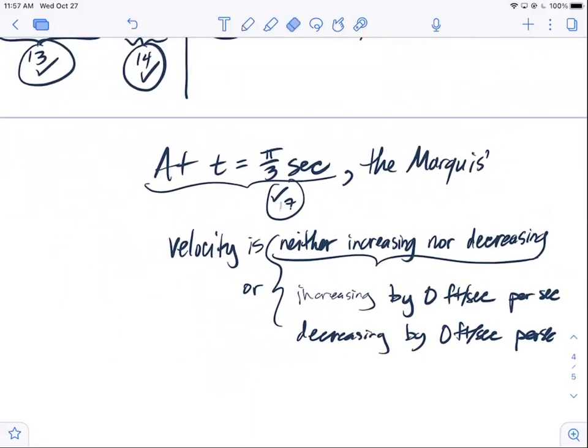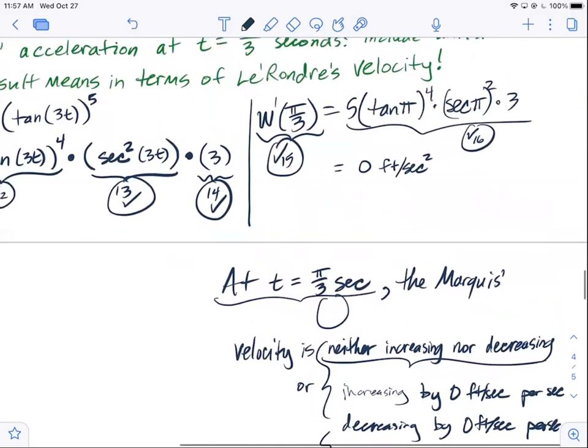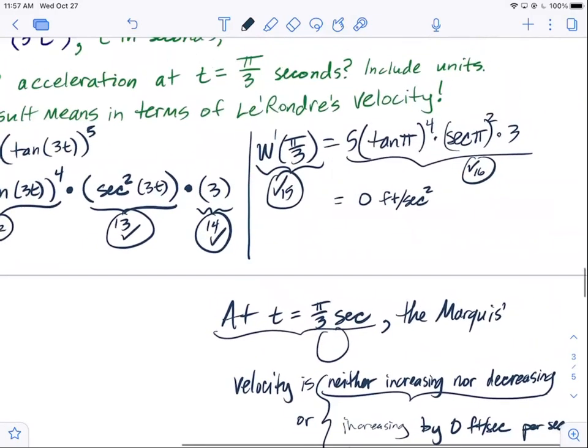Or you could say his velocity is constant. I wanted it to be a positive or negative number, so anyway, we won't count off for the sentence here. So we'll just say that either one of these answers works, and again, I'm not going to count the units in this case.